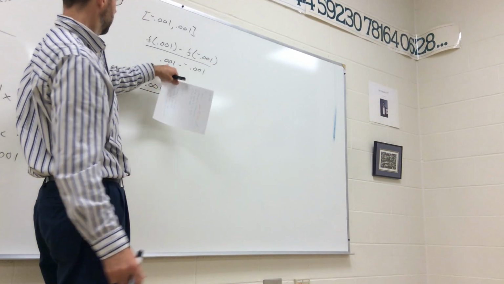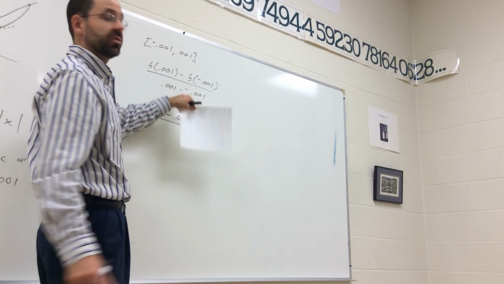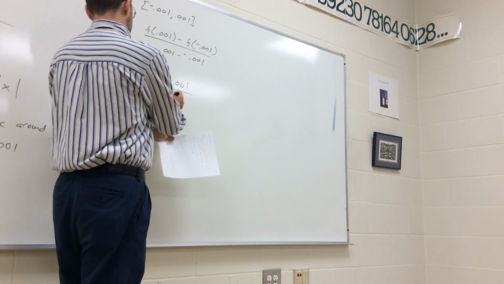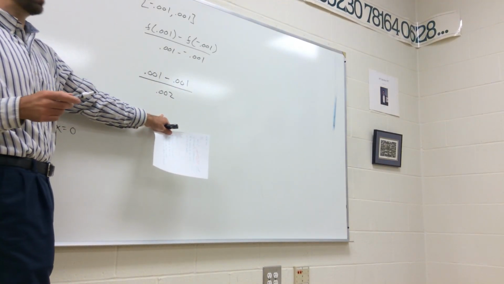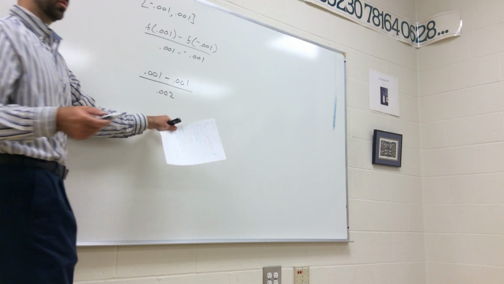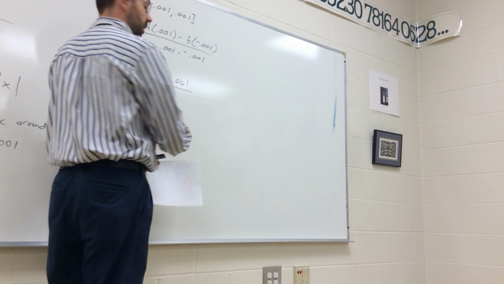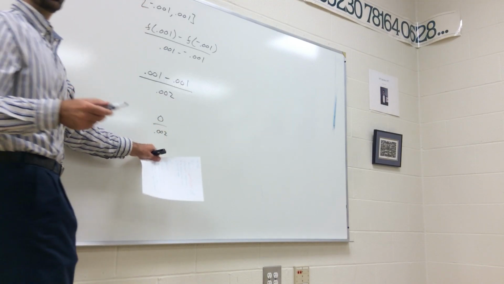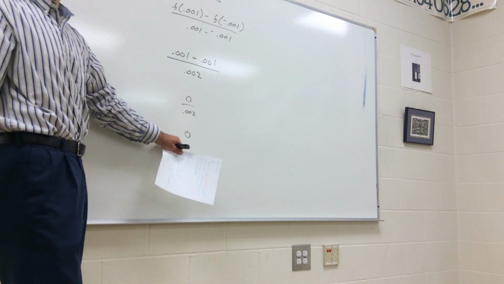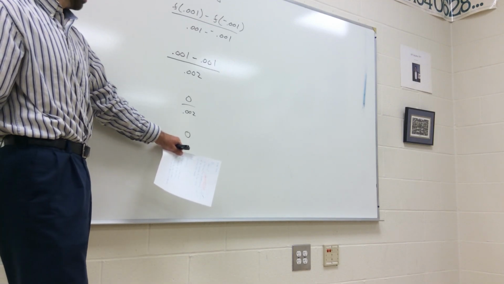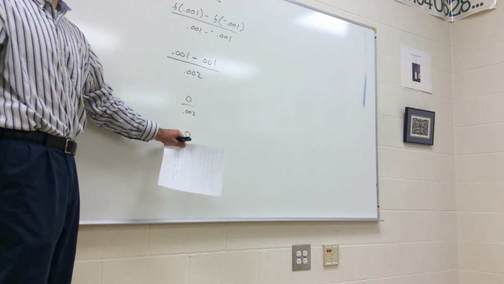And then 0.001 minus negative is the same as plus, so it'll be 0.002. And 0.001 minus 0.001 is 0. And 0 divided by 0.002 is 0. So the average rate of change between these 2 points is 0.